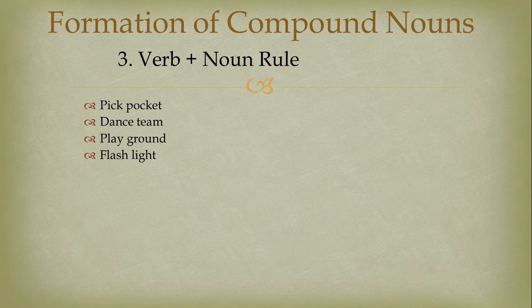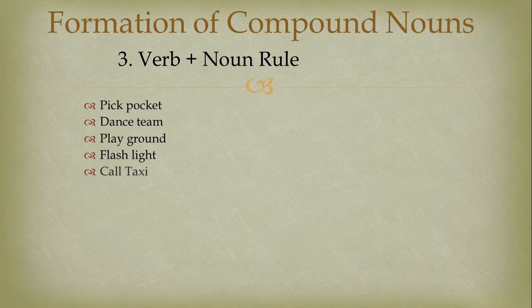Viewers, please note, the first word pick is a verb, pocket is a noun, dance is a verb, team is a noun, play is a verb, ground is a noun, flash is a verb, light is a noun. Hence, when verb and noun are combined together, a new compound noun is formed. This is rule number 3, verb plus noun rule.